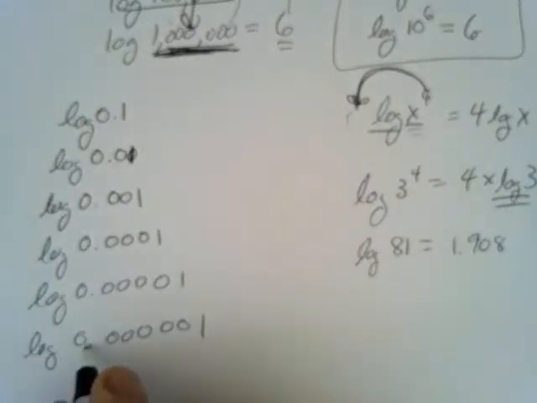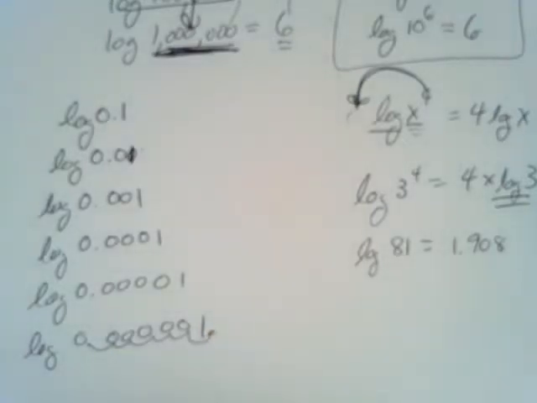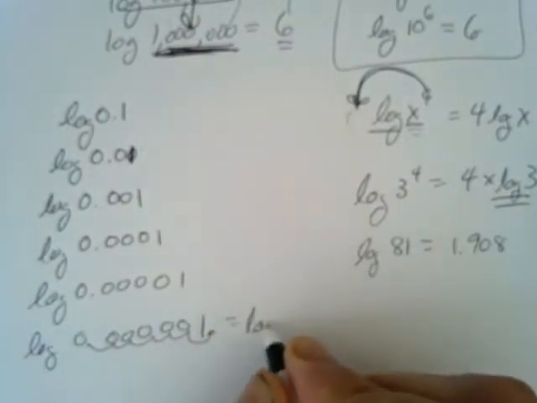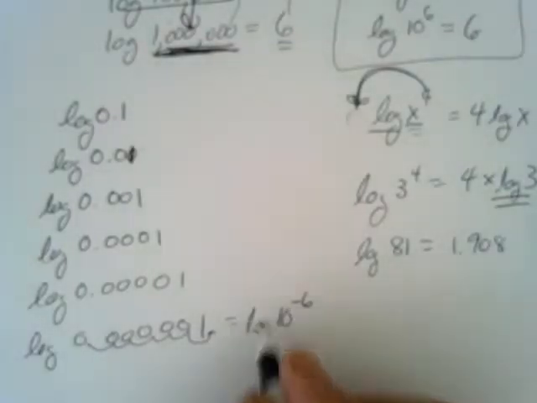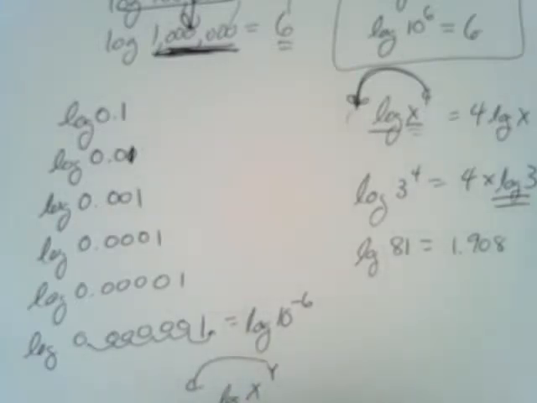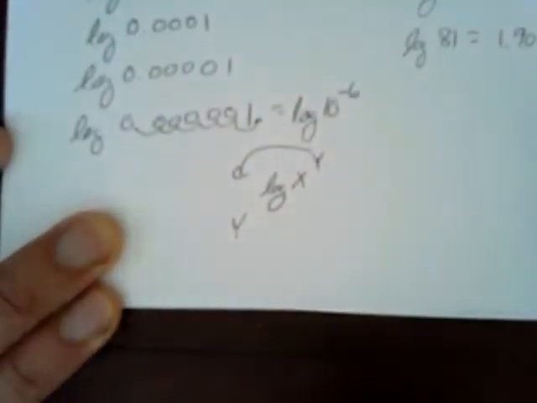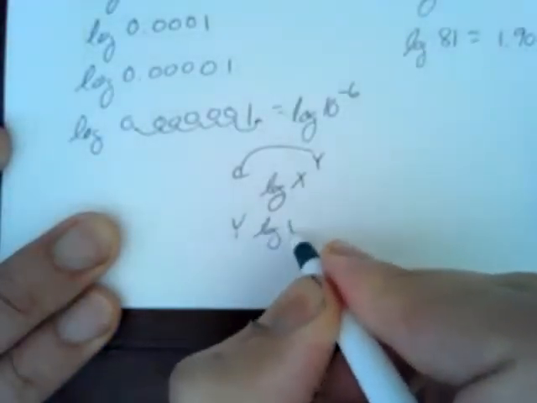So in this case, we have something where we've gone 1, 2, 3, 4, 5, 6 decimal places over. We could rewrite this as log of 10 to the minus 6. Well, we just saw the rule that if we have log of something to some other number, that comes out, and we get y times the log of that number.